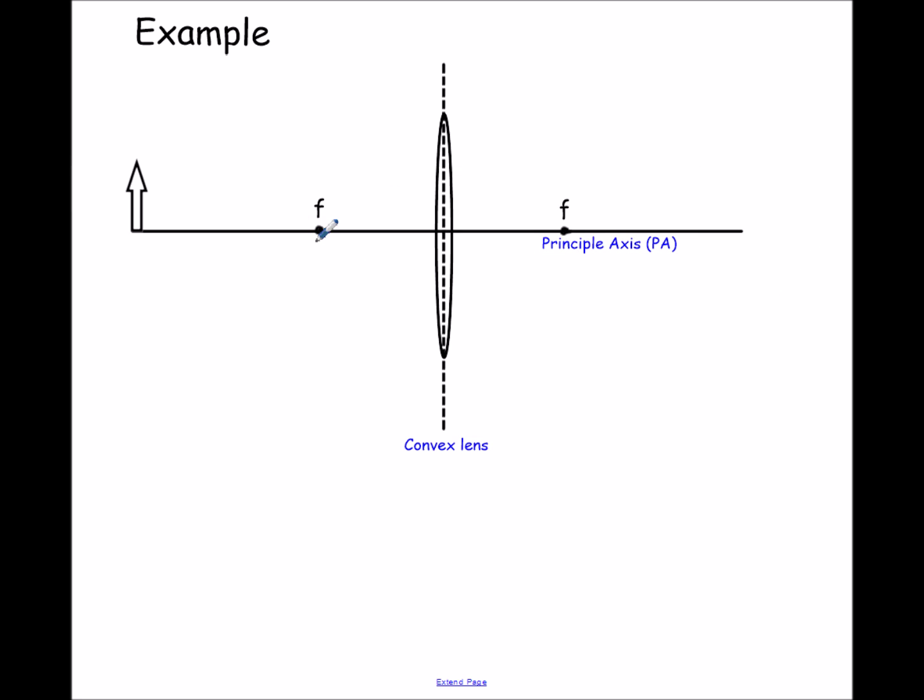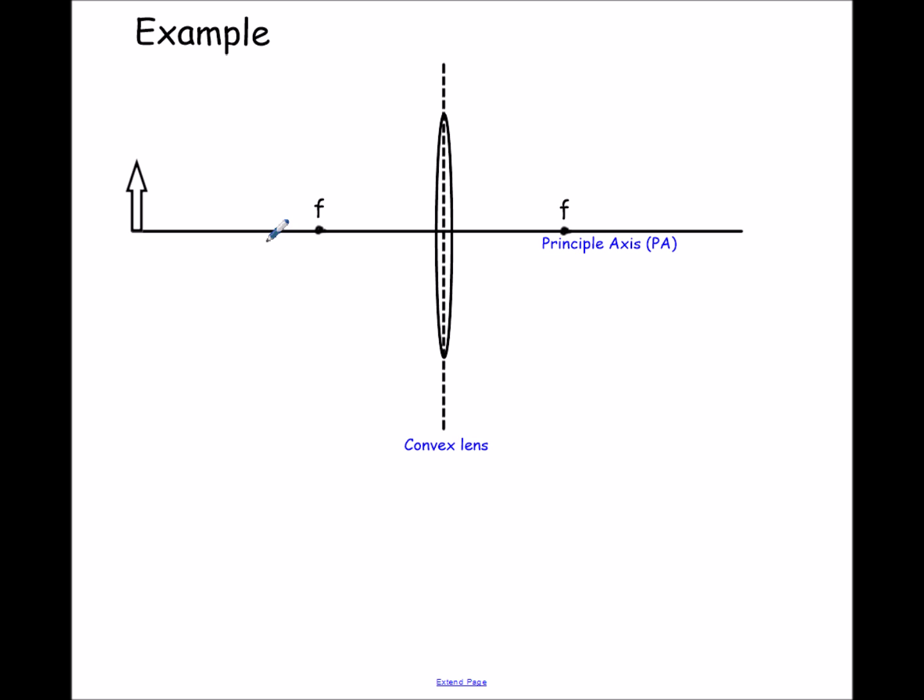There's also a focal length on the other side of the lens too, because if I had a light that started over here and shot light rays through this focal point, it ends up focusing light on both sides of the lens. So you end up having two focal points, and you're going to use both of those focal points when you're drawing the ray diagrams.